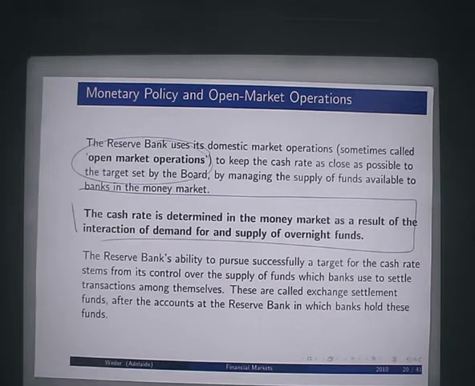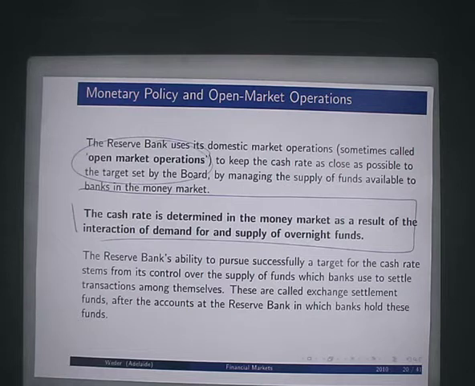If the cash rate is increasing, that means the private banking sector doesn't have enough funds. If the cash rate is deviating from the target they have set, they will allow this for a couple of minutes, say, but once they observe this, they will be active on the market.